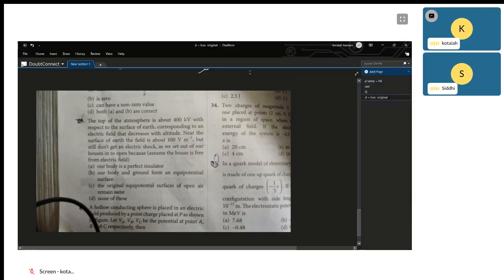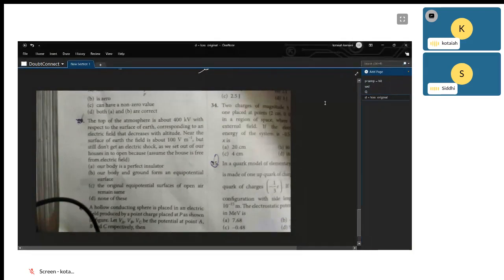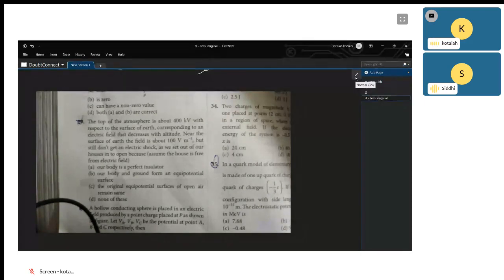Yeah, I can hear you, Siddhi. What happened? Okay, no, sir, I thought you couldn't hear me. Right. So here, I think this question you can skip. I think I got the answer afterwards. So answer is equipotential surface. Okay, fine. Let's go with the next question.